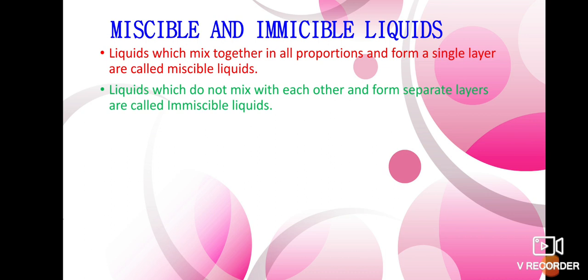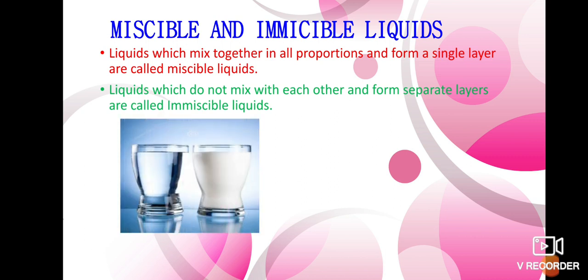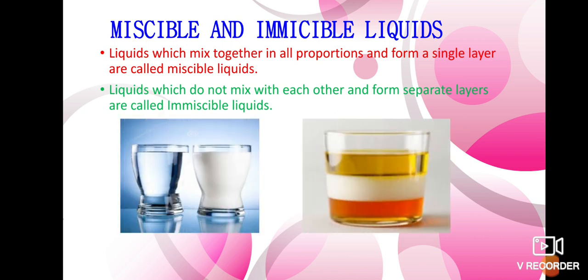If you are stirring, at that time only they will appear like they are mixed. But after a few minutes they will separate by themselves. Okay, so let us look at the pictures. See here, for miscible liquids, milk or buttermilk and water. For immiscible liquids, different types of oils with different densities.